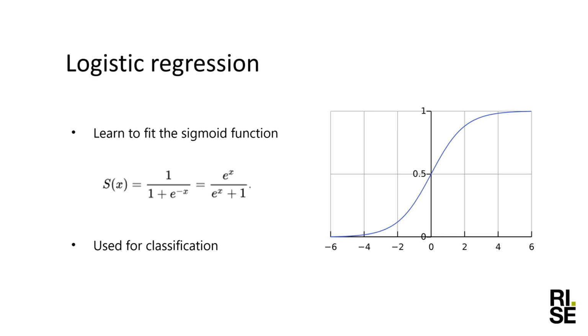Here comes the final regression model I would like to share with you, and this is a little bit different. It's actually used for classification approaches. Even though it is a regression we're doing, we now learn to fit the sigmoid function, and it looks like this S shape here. It is bound between 0 and 1.